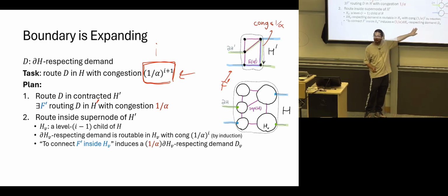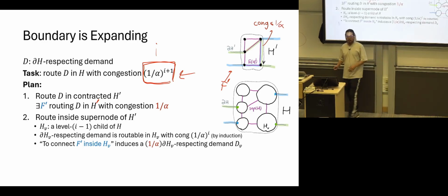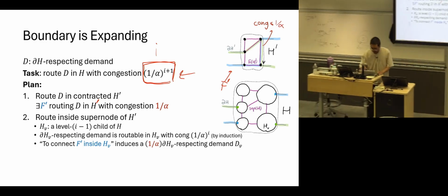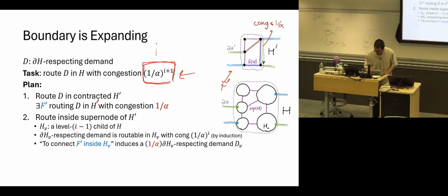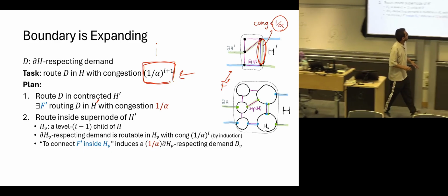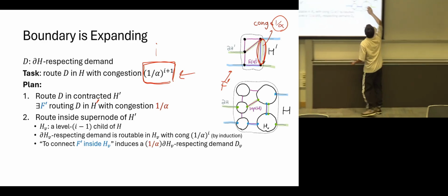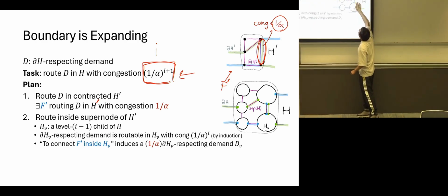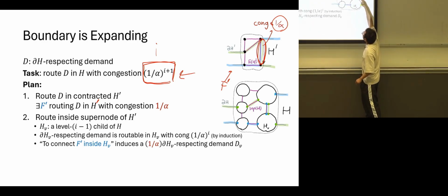Why is that? Because the congestion here is 1 over alpha, right? You can look at this demand from the flow in H prime.